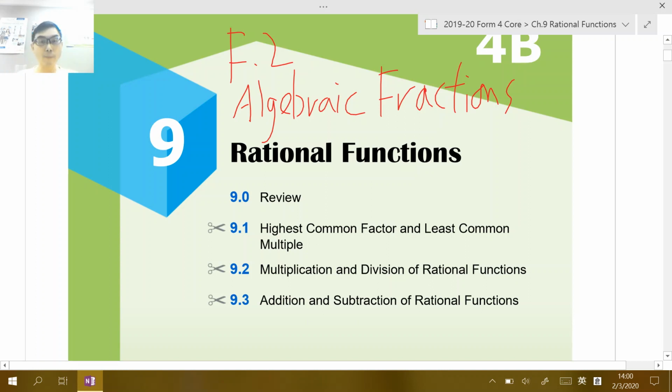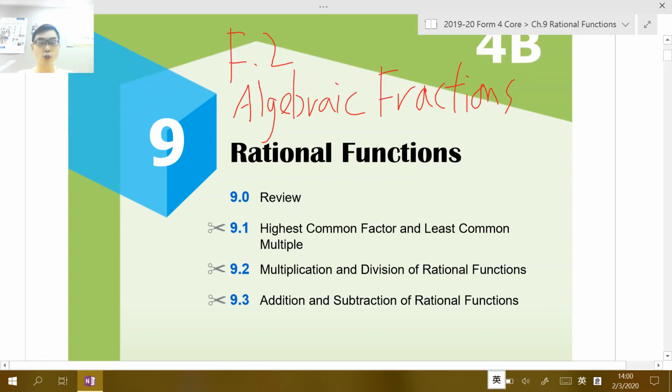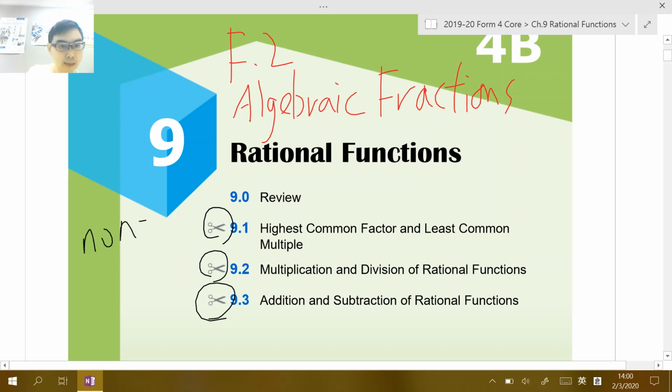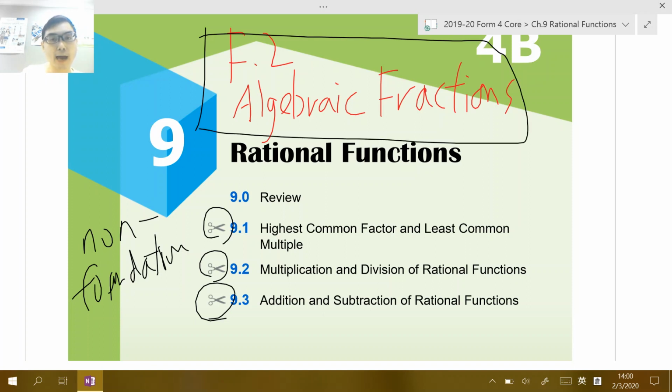One more thing before I end the clip: you can see in the PowerPoint page of chapter 9 that some things have the scissors symbol, which is non-foundation. That means you will only be asked in the DSE in Session B. But do remember that for Form 2 simple algebraic fractions, like the example I showed you, this is foundation according to the definition of the HKDSE.